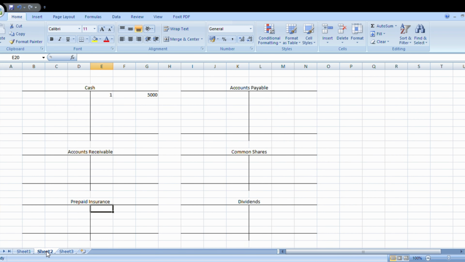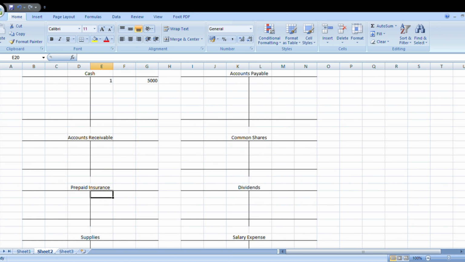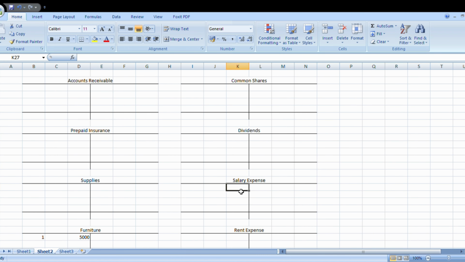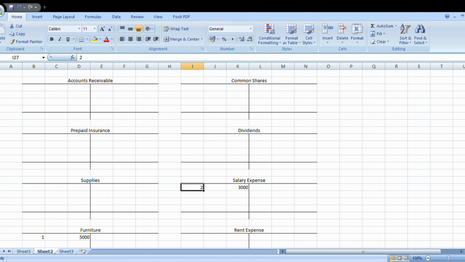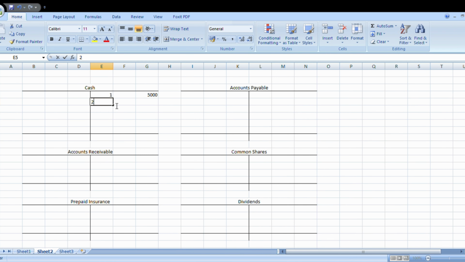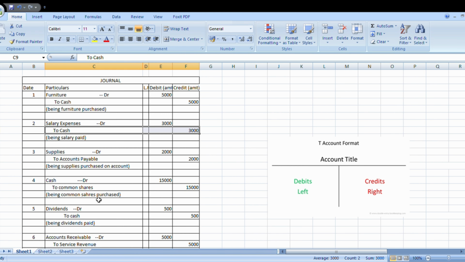Under the salary expenses account, we will debit it with 3,000 here, and this transaction is transaction number 2, so we'll write it here. In the same transaction, cash is again credited with 3,000, so we will credit cash in second transaction with 3,000. Remember, if the date is mentioned, you will be writing the date here instead of the serial number.